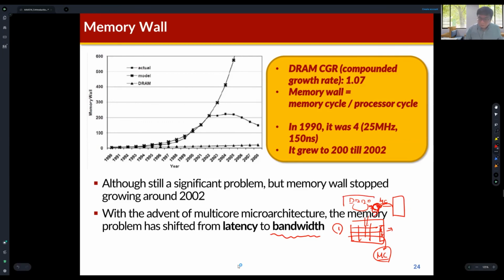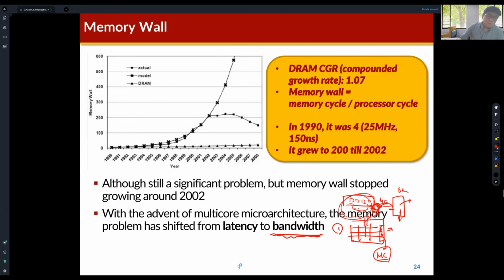There are many cores and a single DRAM, and many cores require more data, so the DRAM needs to support higher bandwidth to multiple cores. That's why bandwidth is critical for modern memory systems.